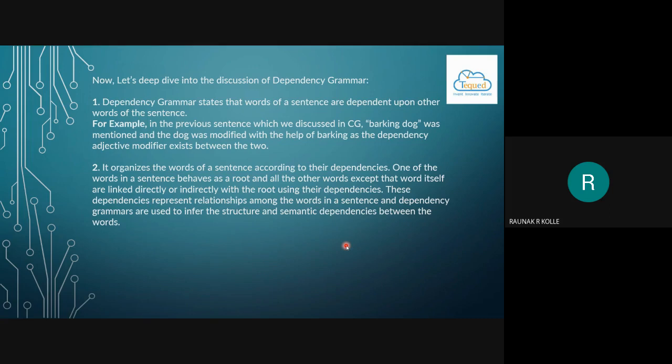But this dependency adjective can be changed into a dependency noun if the dog is considered as the central element in the sentence rather than considering barking dog as a whole.